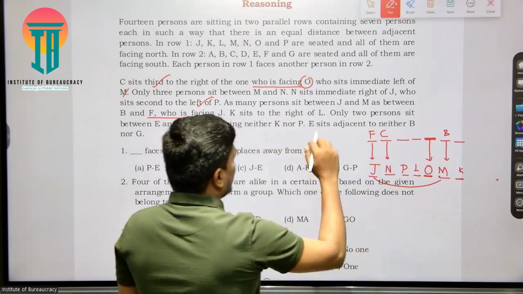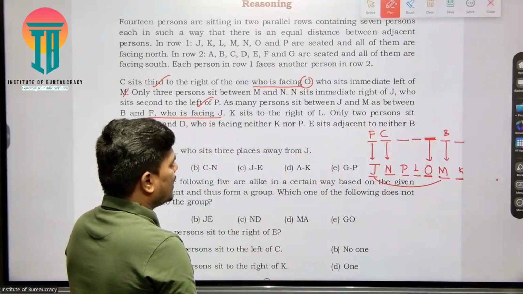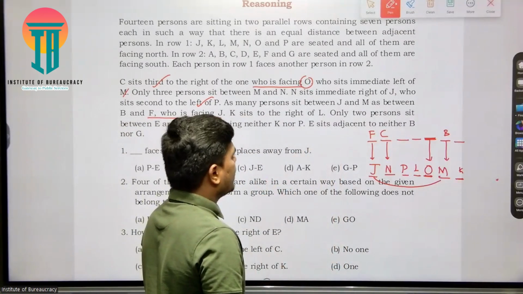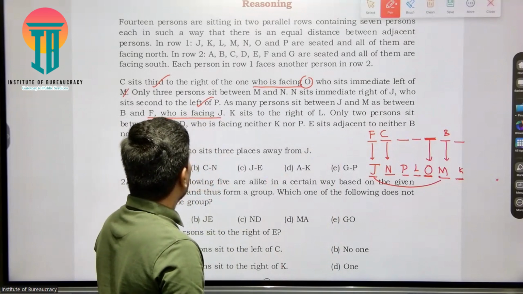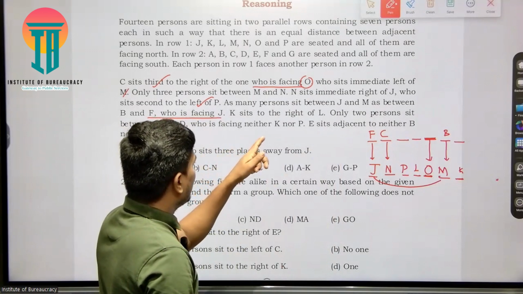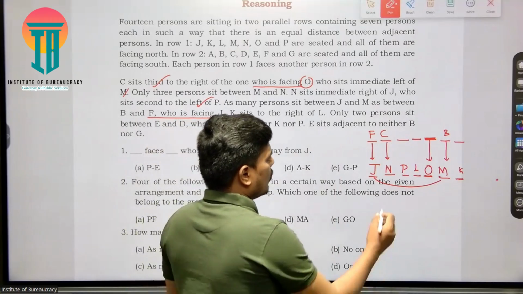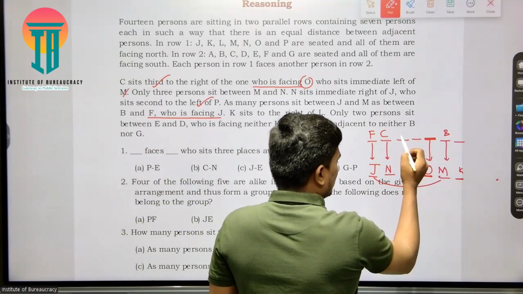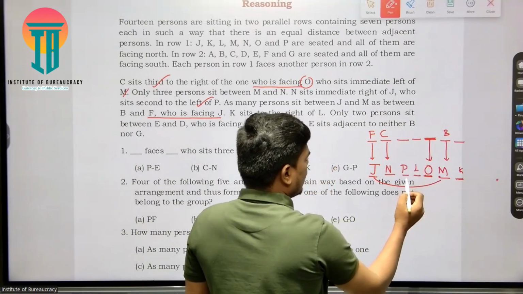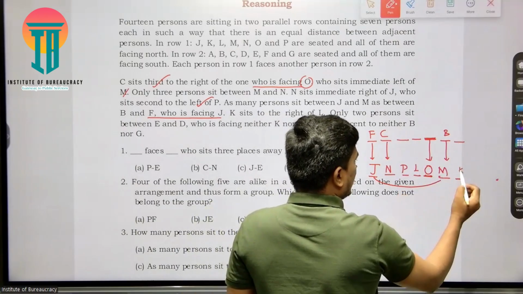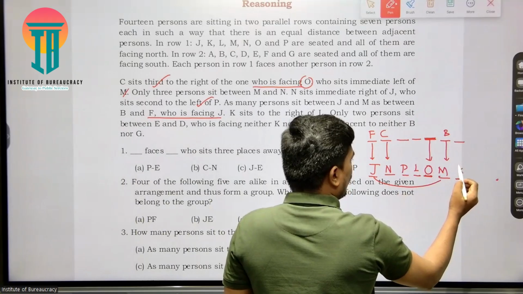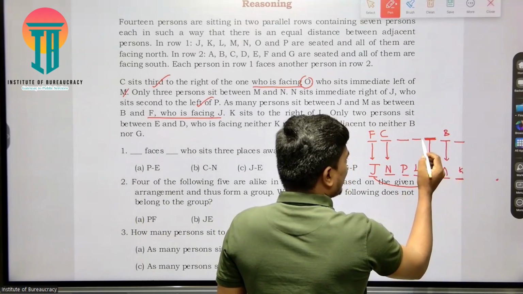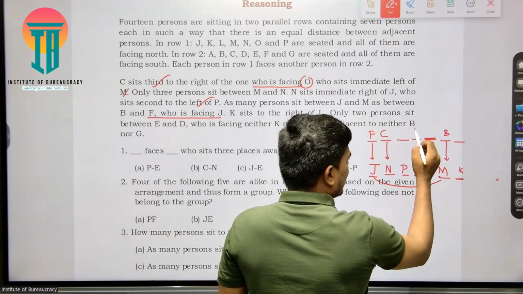Only 2 persons sit between E and D. D is facing neither K nor P. So that means D is not going to come straight to P. D is not going to come straight to K. Therefore, D can come only here.